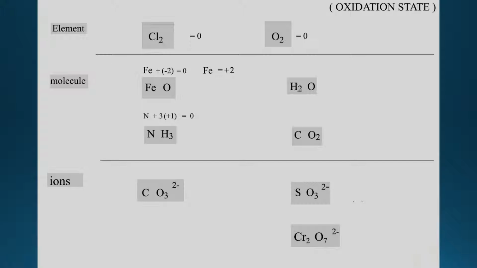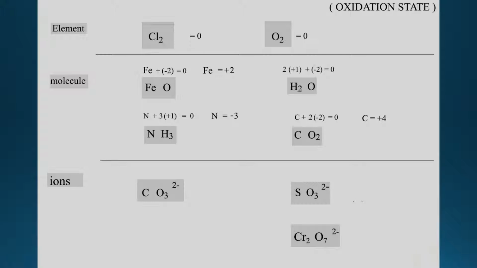N plus 3 times +1, hydrogen +1, equals 0. N equals -3. Water: H2, 2 times +1 plus oxygen -2 gives 0. Carbon plus 2 times -2 gives 0. So carbon should be +4.